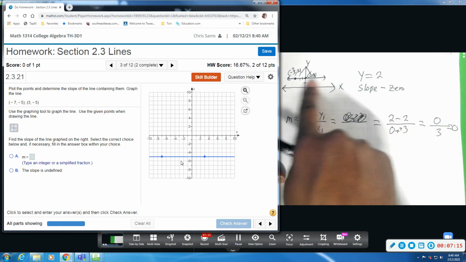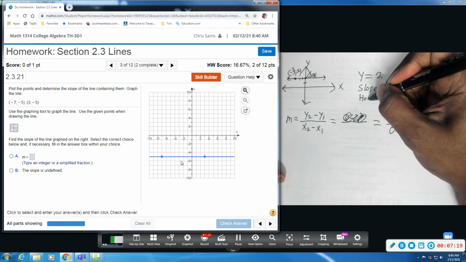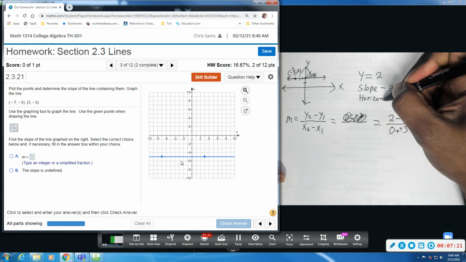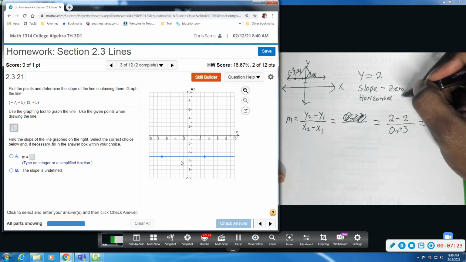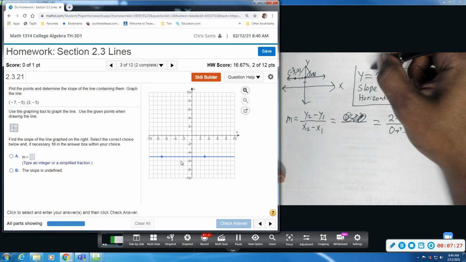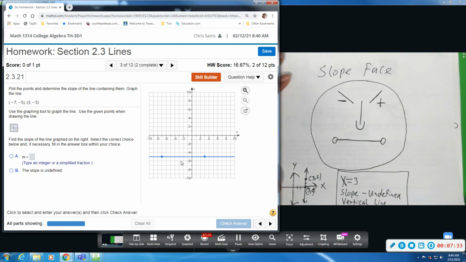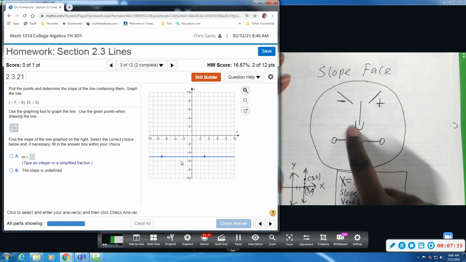And the physical image that you would see is a horizontal line. Alright, so these are the things that you need to know about a y equals equation with no x in it. So, we call this slope face. This is just giving you an indication.